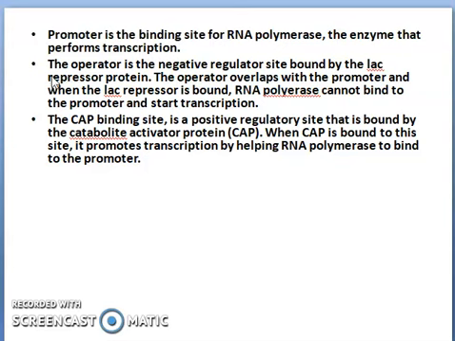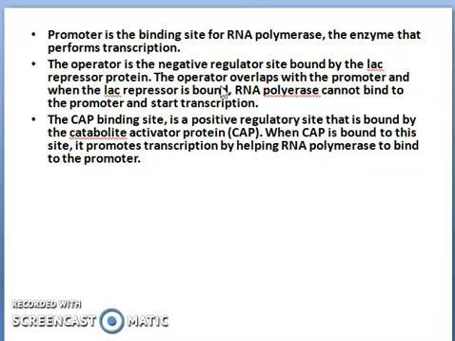Now in the second point it has been written that the operator is a negative regulator site bound by the lac repressor protein. That means when the lac repressor is produced, it will come and bind to the operator region. That is the reason the operator is known as a negative regulator site, as when the lac repressor binds, it will not allow further transcription to take place.